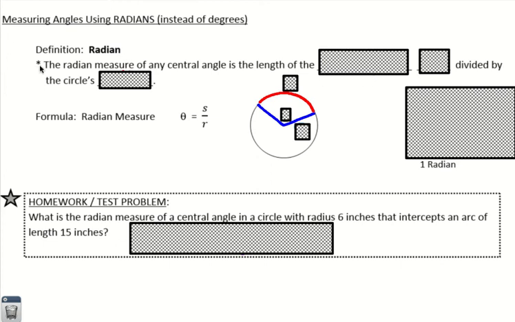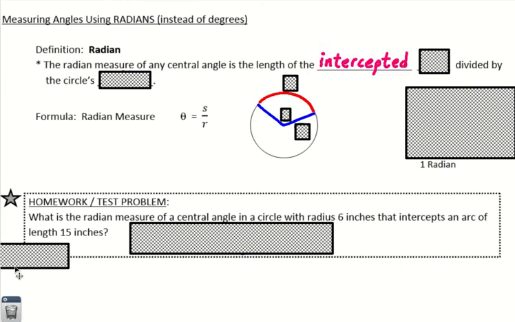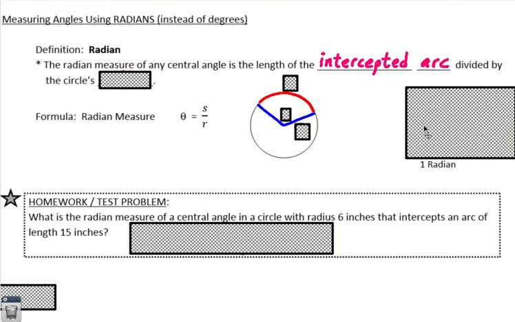So the radian measure of any central angle is the length of the intercepted arc divided by the circle's radius. So we're going to call S the arc length right here, the length of that arc. And that's theta, of course, as the angle. And the R would be the radius of the circle.